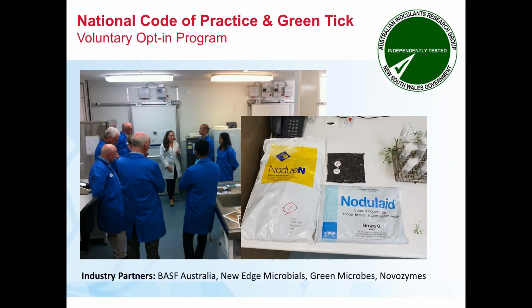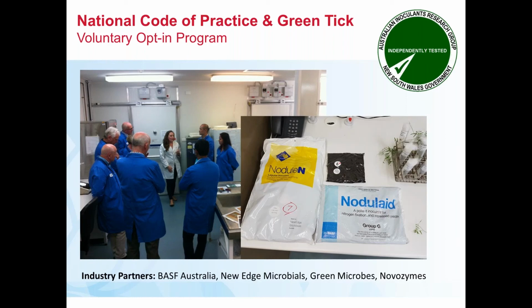It shows what strain of bacteria is in the bag. We check that the correct rhizobial strain is present and in sufficient numbers, so it meets that quality standard. We also check that the product is free from contaminants.